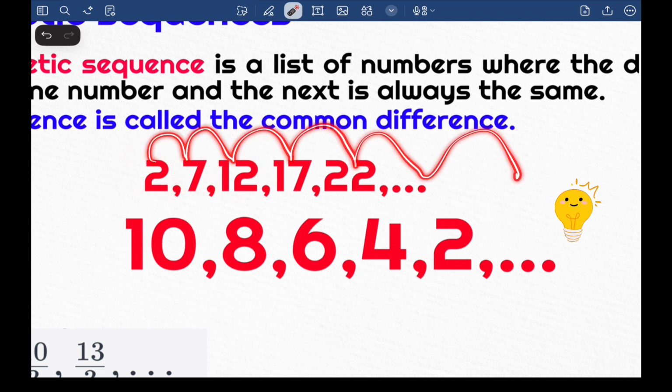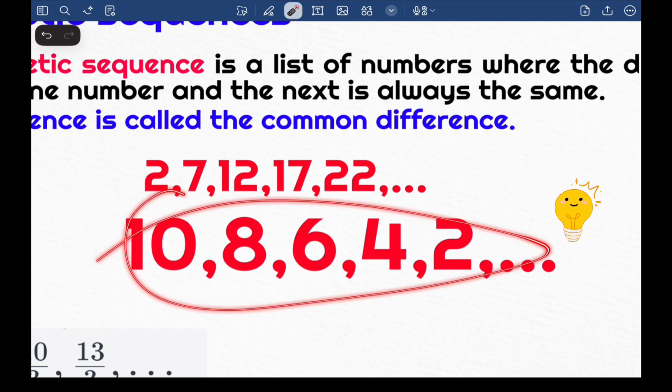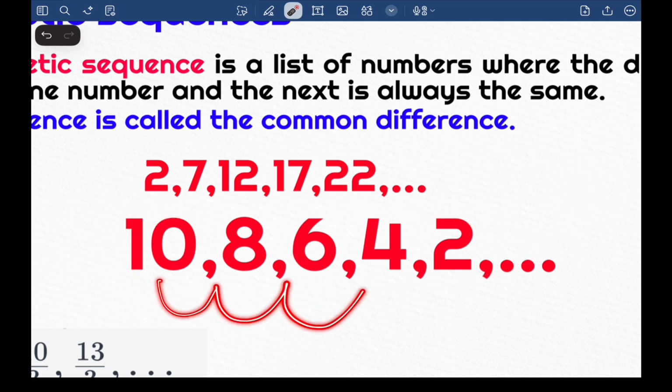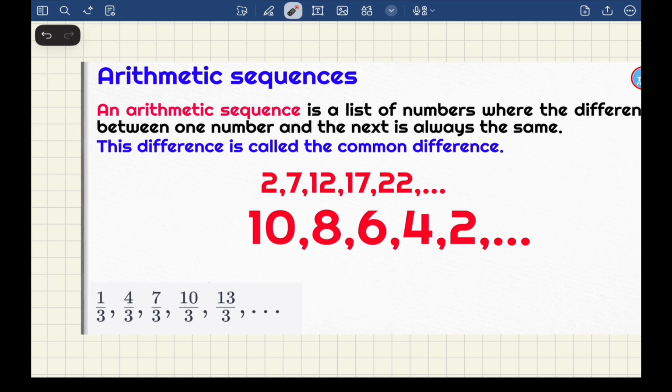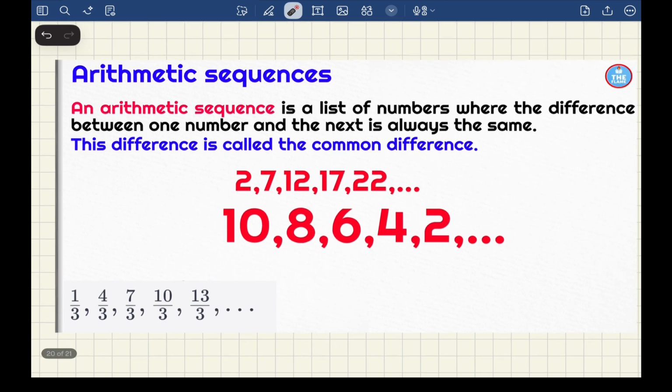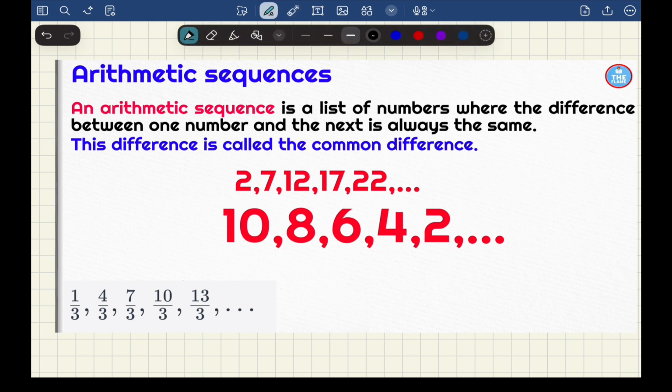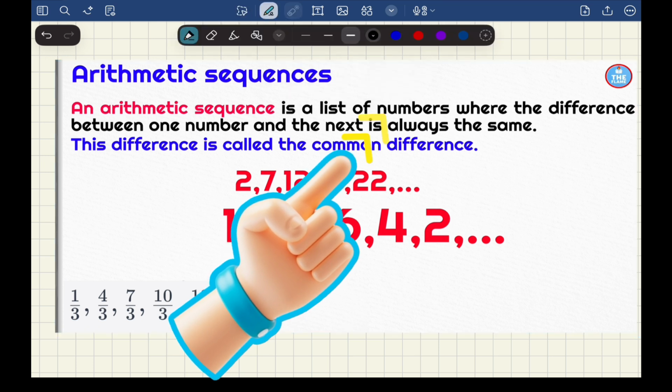Or this one, 10, 8, 6, 4, 2. In this case, the sequence is decreasing by 2. And guess what? The number that we add or subtract has a special name, the common difference.